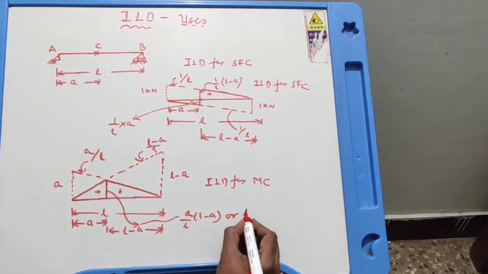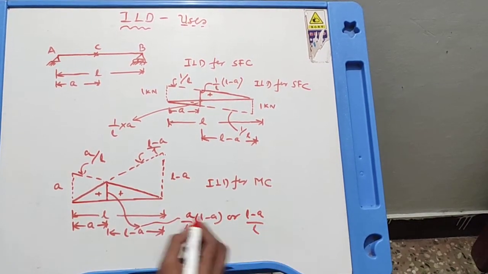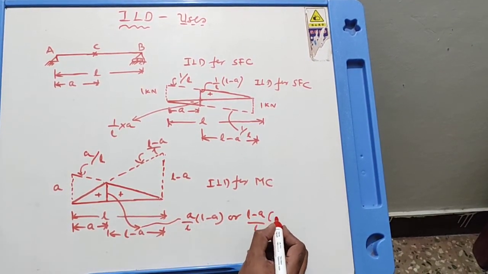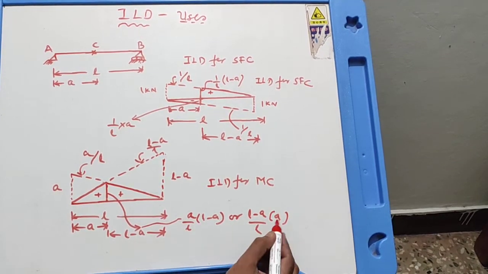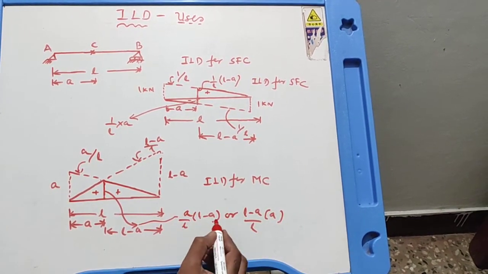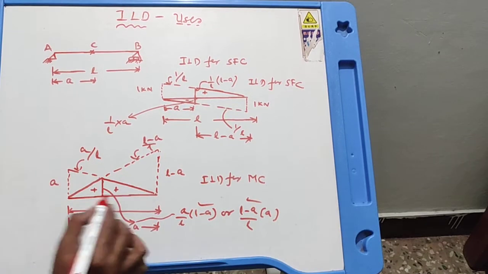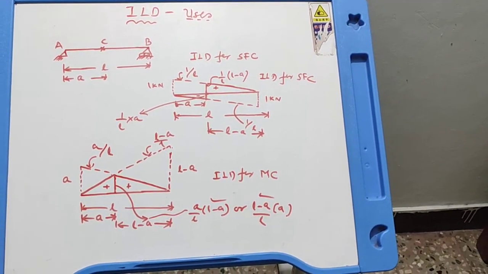L minus A upon L into A. You can see A upon L into L minus A, or A upon L into L minus A. Again, this is how you can draw the influence line diagram for bending moment at C.